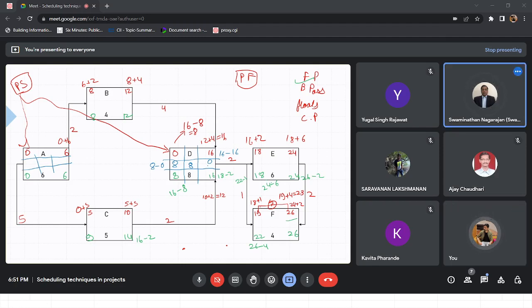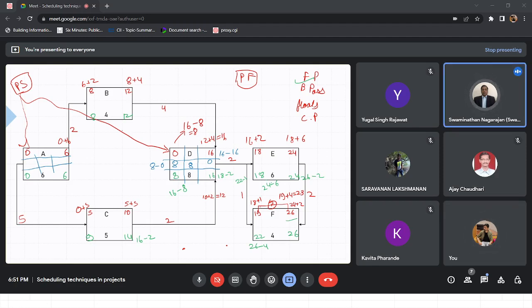It is carrying your relationship forward, a finish-start relationship again. But as we discussed earlier, you can play with the start. From 0 to 8 you can start anywhere. So you have got 8 here.